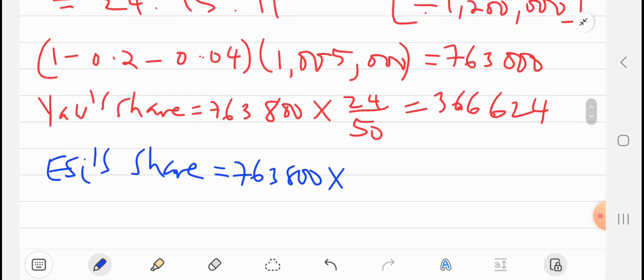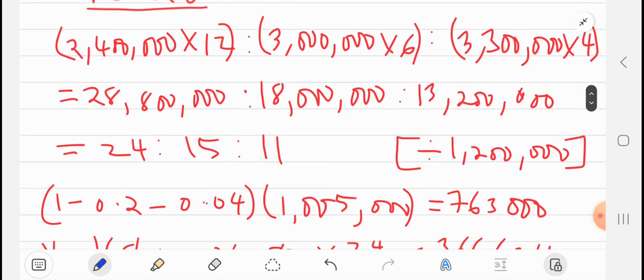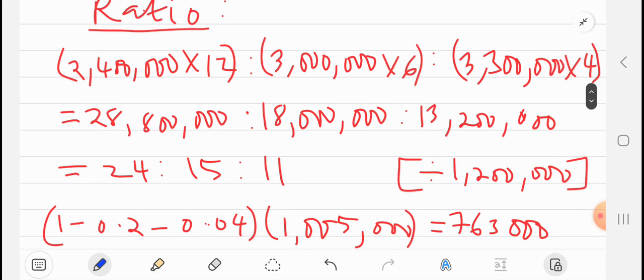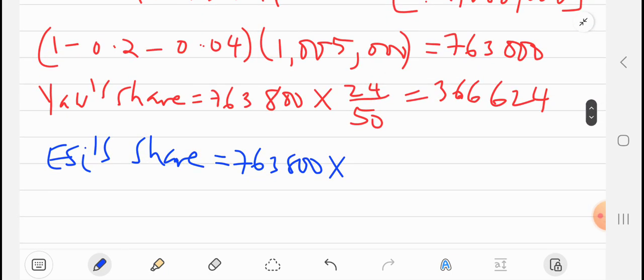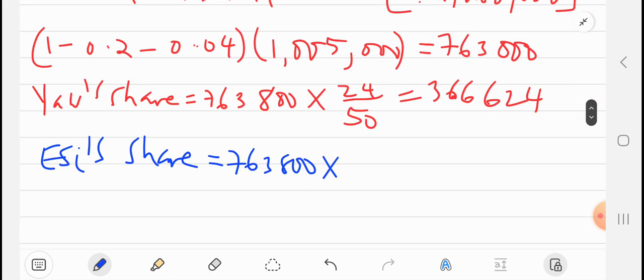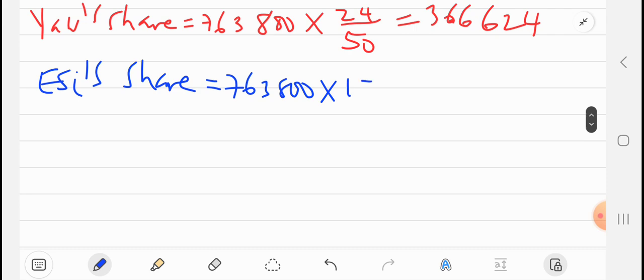Okay, if you look at LC, LC is actually in the middle, and in the ratio here is 15 out of 50. 15 out of 50. And if you multiply these, what you get is 229,140.